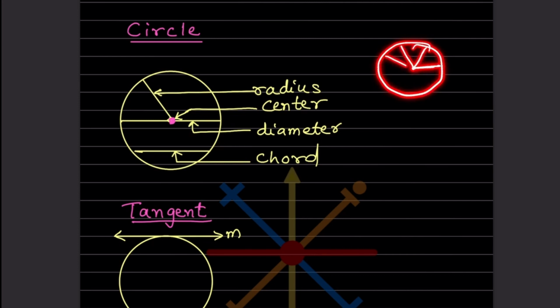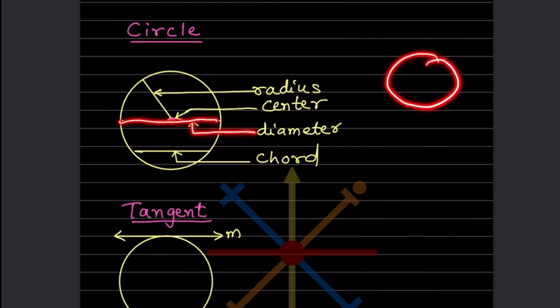Any line from the center is called the radius. And from here to here, this is called the diameter. But the diameter again should pass through the center of the circle. So it can be like this.